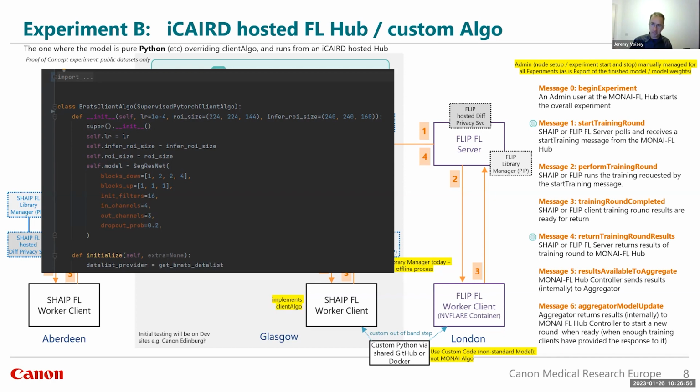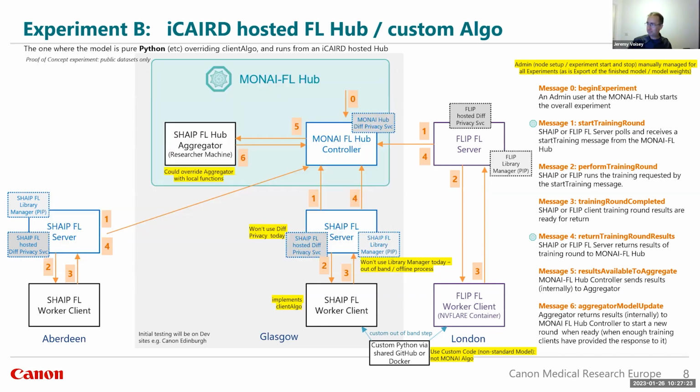The scientists at Flip, scientists at SHAIP, are responsible for checking that code and saying, yes, this is legitimate code to train an AI model. It's not trying to do something nefarious like zip up a CT image and send it across the network. So I'm responsible as a scientist for making sure that's not the case, and yes, it will be audited as well. So that was the second experiment.